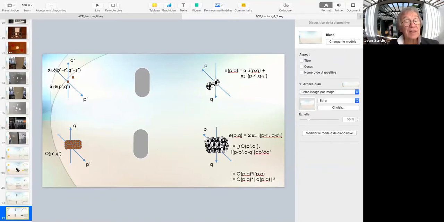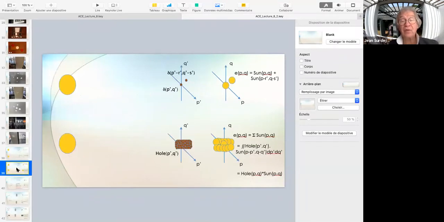For this example, I won't give the answer of what should be done. So if you have any good answer, just send it to us, maybe in the form of a picture or any way you prefer. So I stop sharing my screen.